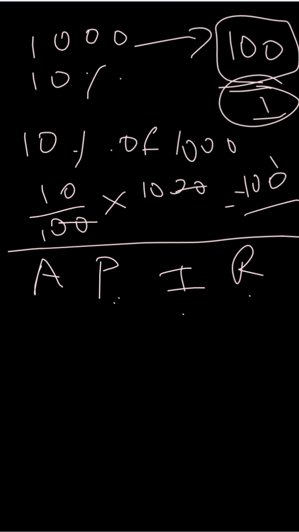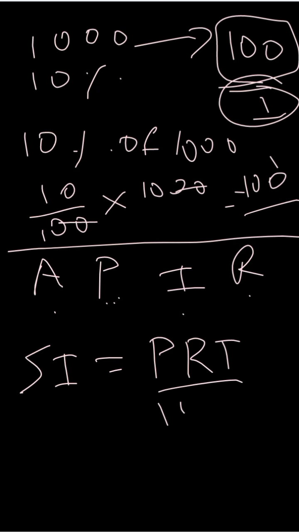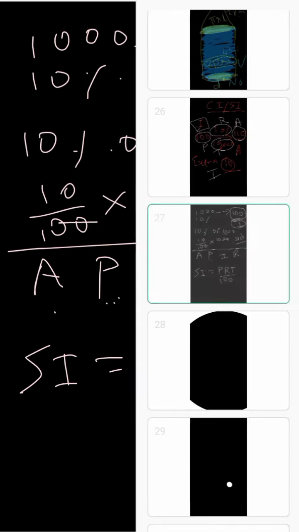Interest means whatever extra money you have to give or take. Amount means including principal. So let's see the formula. Simple interest formula is PRT upon 100.